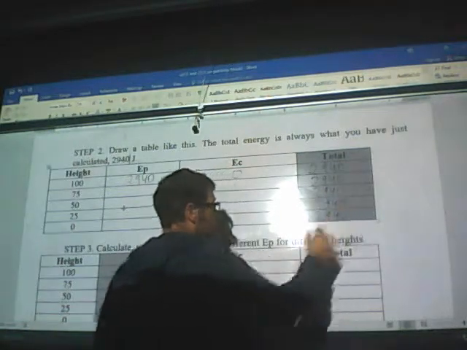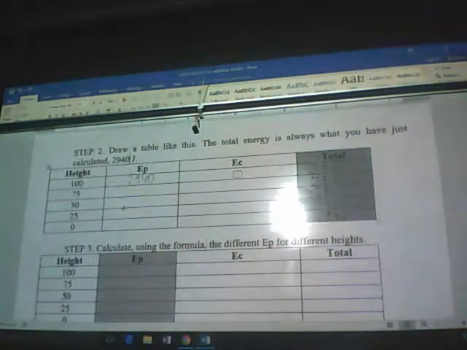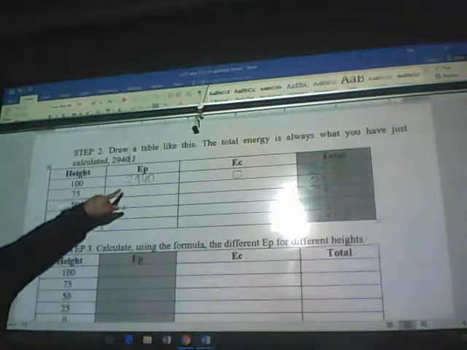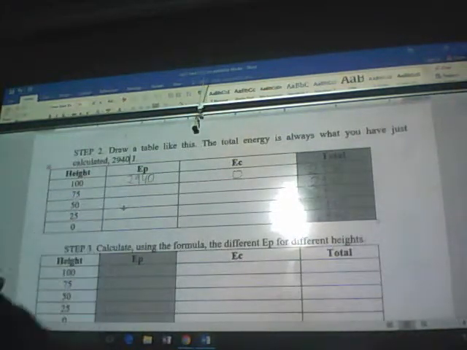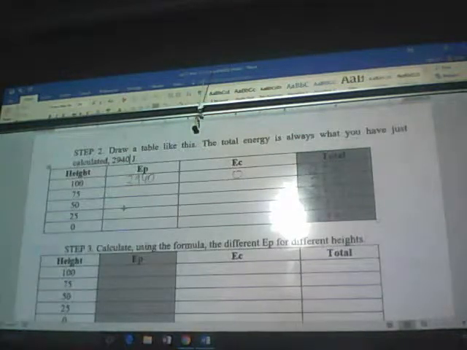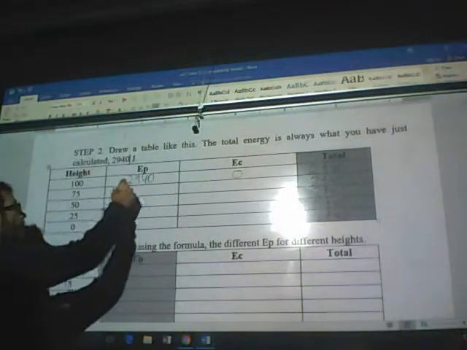I'm going to do everything in this first table, okay? To calculate the potential energy, the only thing you got to do is use the same formula, but change the height, okay? So this would be, the mass was 3 times 9.8, 975.